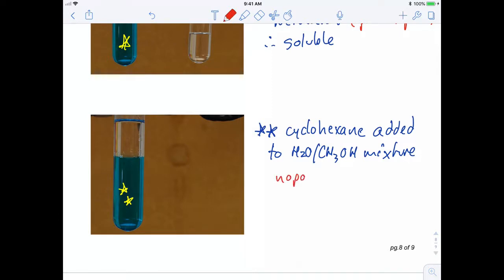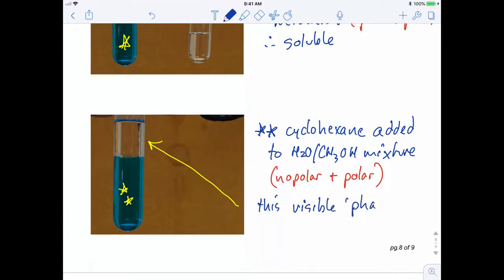You can just see the top of the cyclohexane. So cyclohexane is clearly less dense and does not mix. There's the phase of cyclohexane, and it has not mixed at all. So a polar substance and a nonpolar substance will not be soluble in one another.